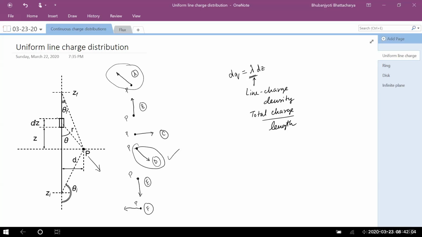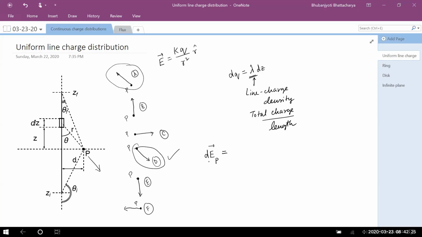Okay, so now I'm going to try to find the tiny little electric field due to that segment at point P. And how do I do that? Well, we will follow Coulomb's law. Coulomb's law tells us that electric field is equal to kq divided by distance from that point squared times some unit vector.